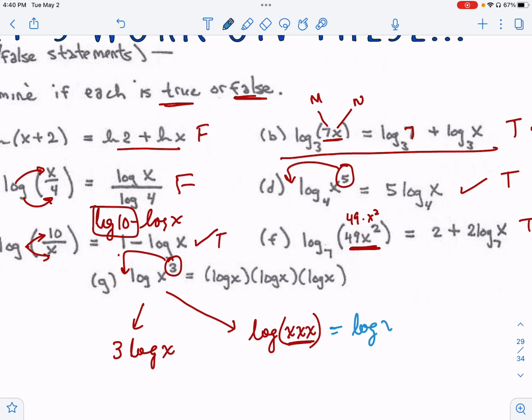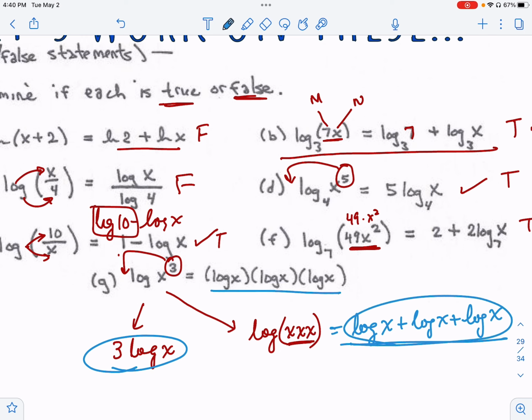The property said log of mn and didn't go beyond, but as long as it's a product, you can apply it to as many terms, so log of m plus log of n plus log of the next term. Otherwise I should have had this, but I don't have either of those. This is totally different from any of these. So that's false. However, if there was a plus sign here, it would have been true, if that makes sense.